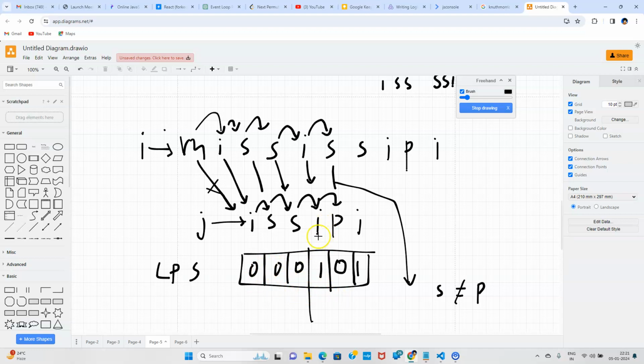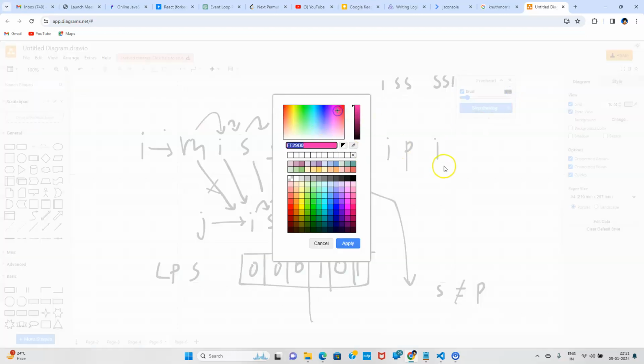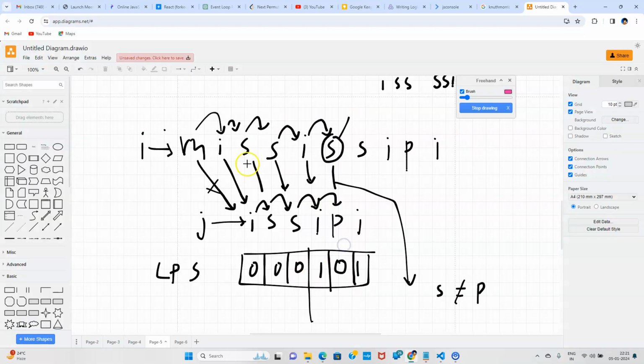So we can keep the I like this and we can compare from the first location. So first location is this, and we can start the pattern matching from here.